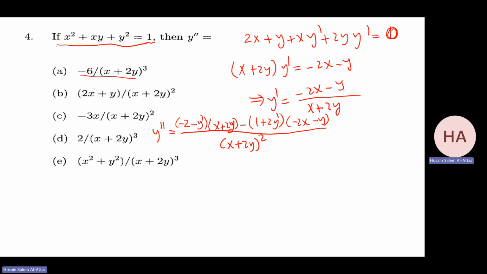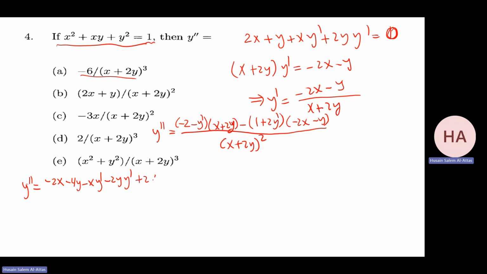Let me do the calculations now. Y double prime will be what? Minus 2x minus 4y minus x y prime minus 2y prime.